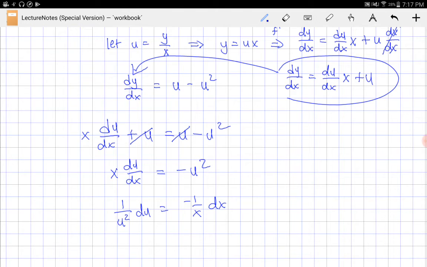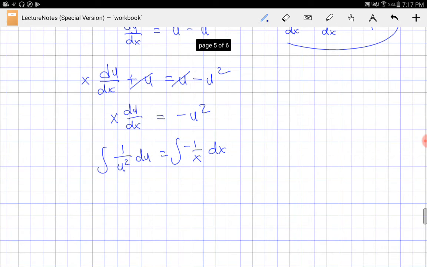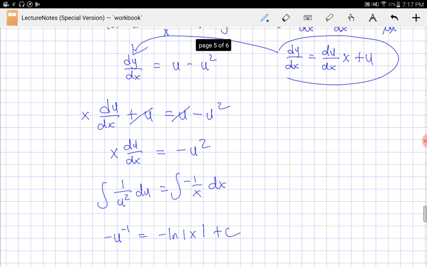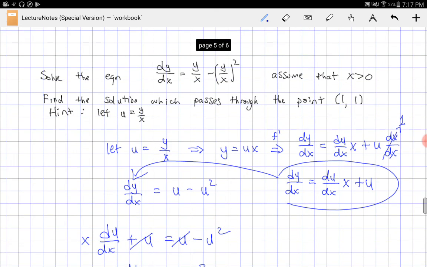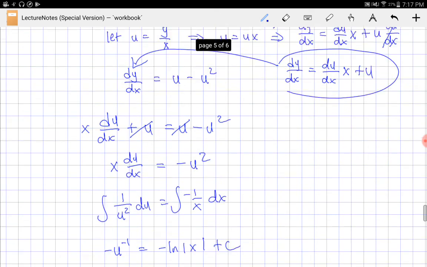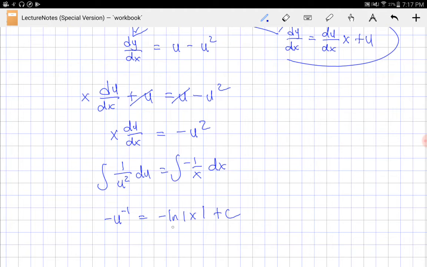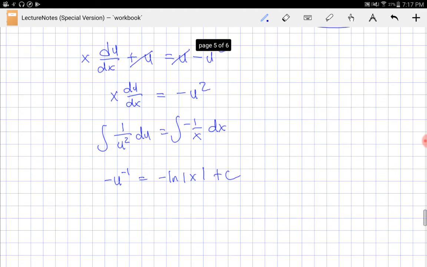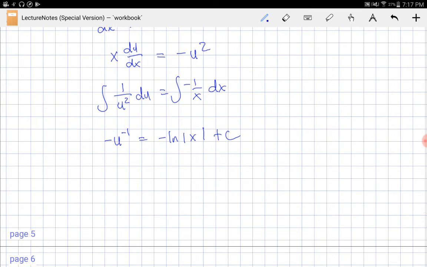At this point, we can integrate both sides, and both of these are fairly easy integrals. Negative u to the negative 1 equals negative ln x plus c. And one of the things up here is we have the assumption that x is greater than 0. Because we know x is greater than 0, ln of the absolute value of x will just be ln x.